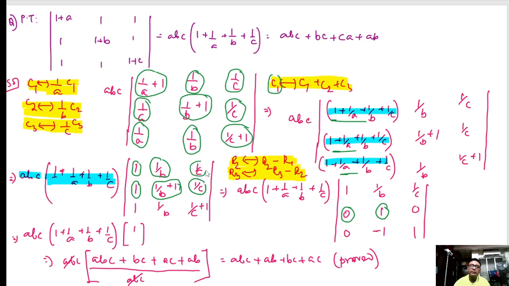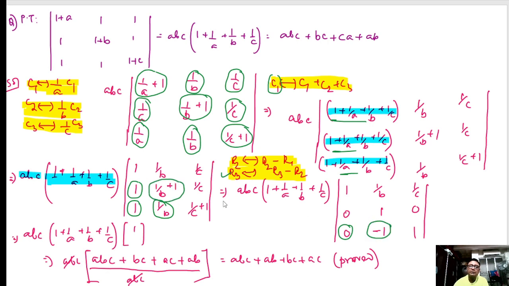This minus this is giving you 0. Next is performing the operation R3 minus R2 and keeping it in R3. 1 by B minus this will give you minus 1. This minus this will give you 1.